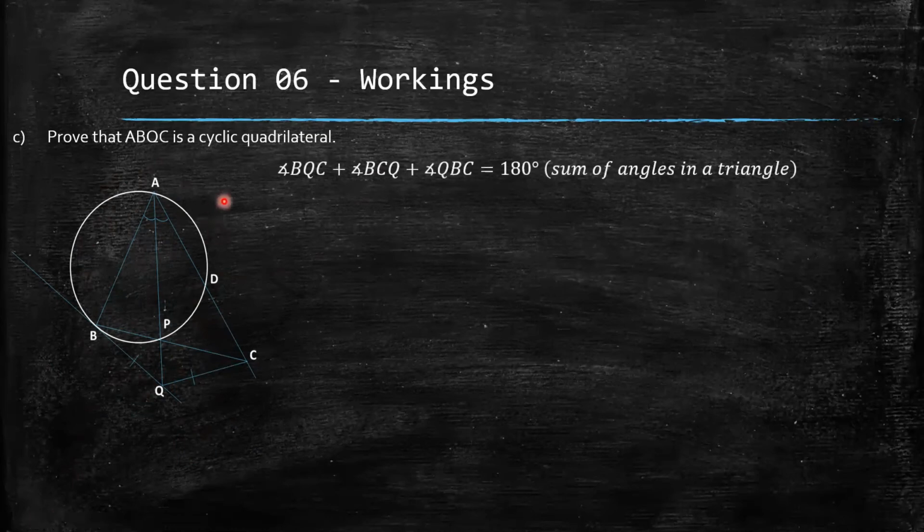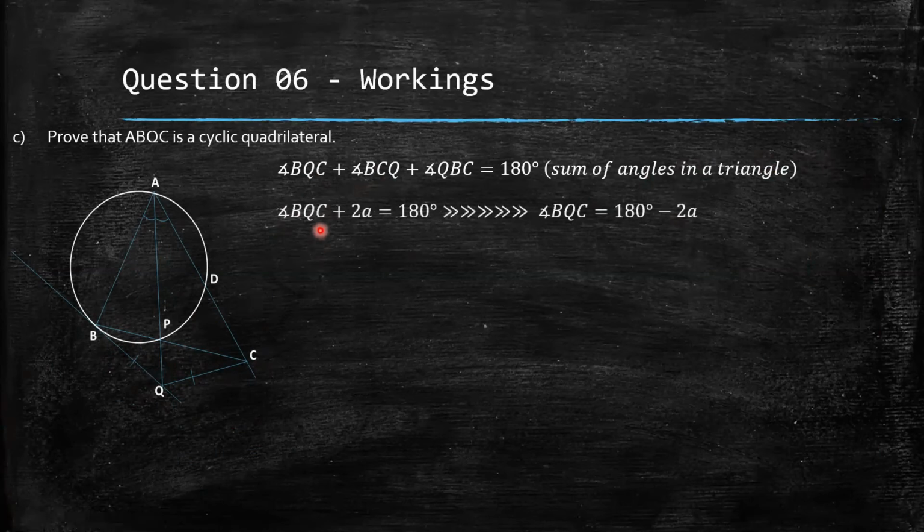We know that BQC, that means this angle, is plus BCQ. Now from the triangle BQC, we know this triangle is isosceles and we have proved that this is A and this is A. Therefore, this angle will become 180 minus the summation of these two, because the sum of the angles in a triangle is 180.